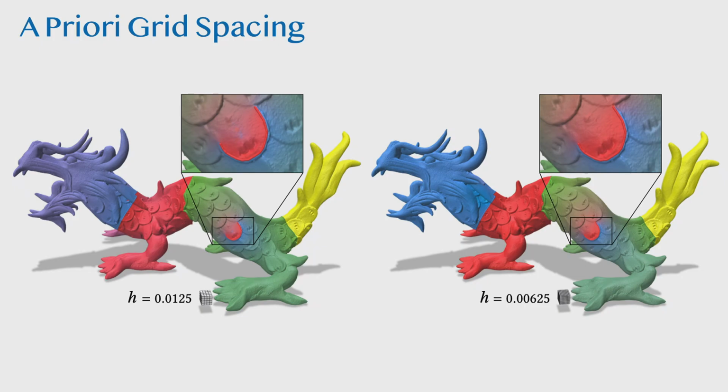When we halve the grid spacing, we get the desired result. But this wastes a lot of time solving, manually checking, and solving with a smaller resolution. And so having a way to determine the grid spacing a priori would be interesting future work, which might depend on error estimates or medial axis avoidance or something else completely.